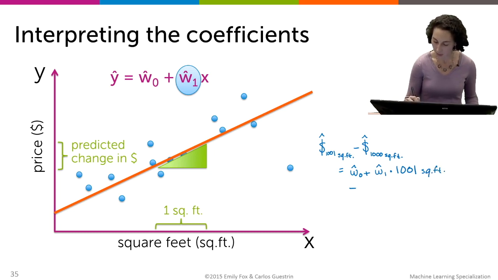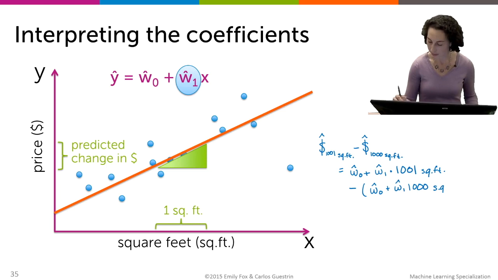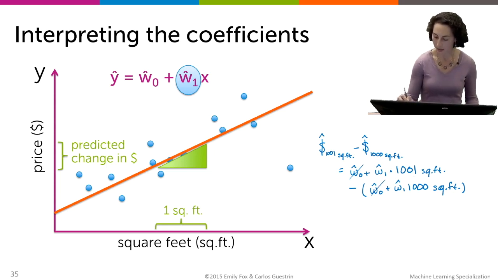Then I'm going to subtract, for the second term, its estimated value, which is again w hat 0 plus w hat 1 times 1,000 square feet. The w hat 0s are going to cancel, and the difference between these numbers is just 1, so this will just be w hat 1.